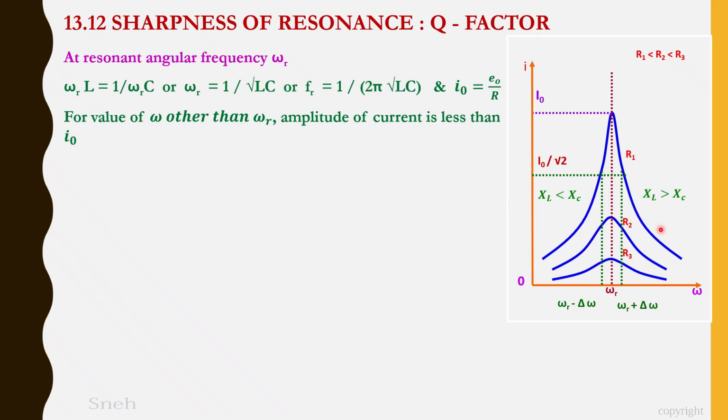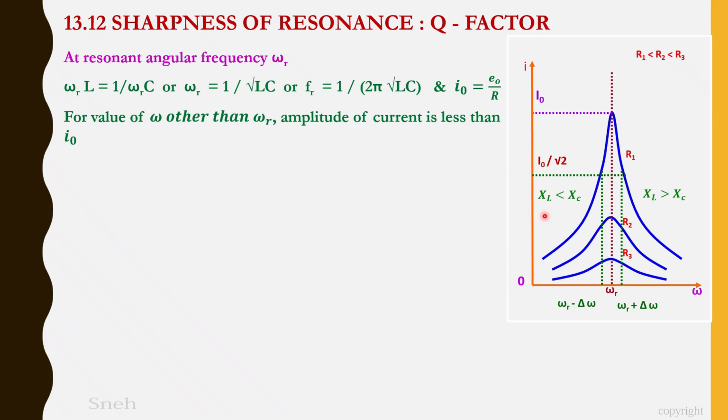It is represented here. Now in this graph, I mark a perpendicular line to the x-axis passing through the maximum value of I0. So I'm making two parts of this graph, one on the left side of the maximum value and another on the right side of the maximum value.